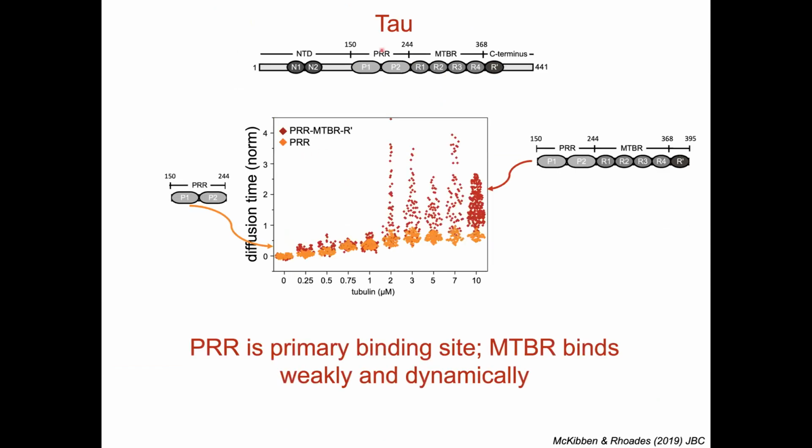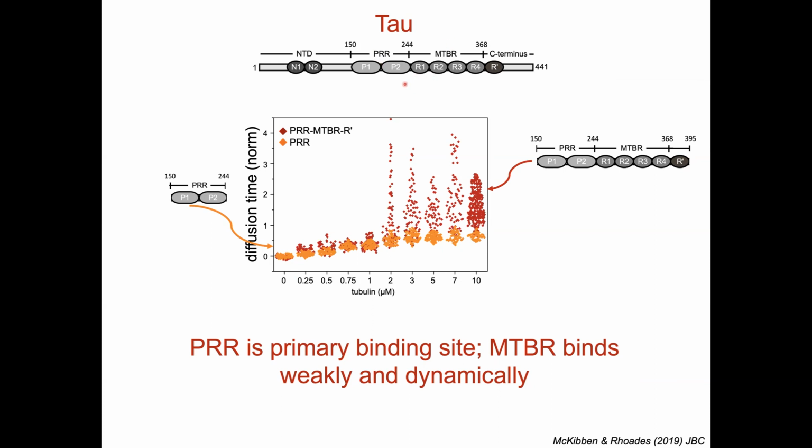The model she came up with is that this N-terminal domain, in the absence of tubulin, makes interactions with the proline-rich region and MTBR, and that once it binds tubulin, you lose that interaction. So this becomes much more extended and no longer makes those interactions.